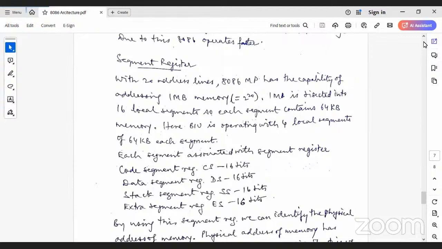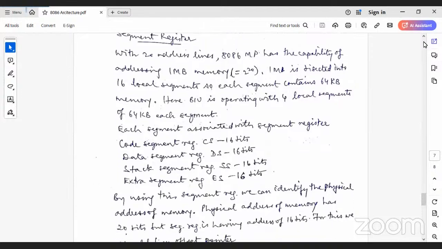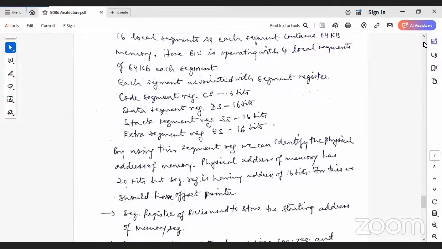Like this you can have 16 logical segments, of which only 4 are there in your architecture. These segments will identify the physical address of the memory.